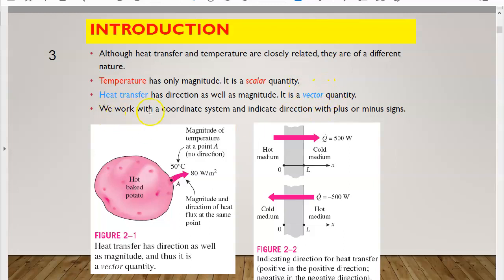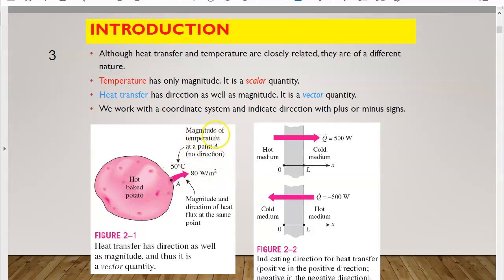So we work with a coordinate system and indicate direction with plus and minus signs. This is how we indicate the plus or minus sign to show whether it is in the correct direction or reverse. Here, as you can see, this is a hot potato bag, so heat is being transferred out.